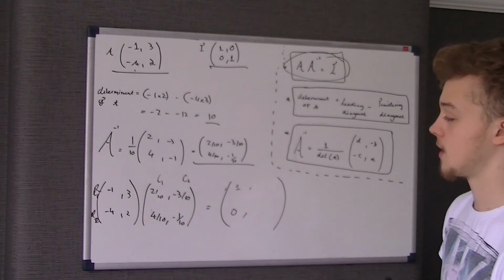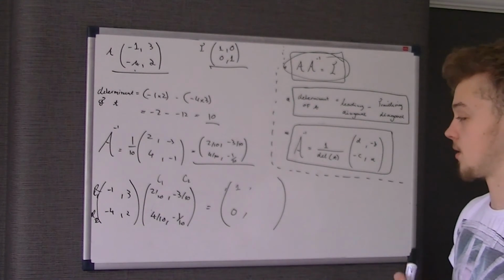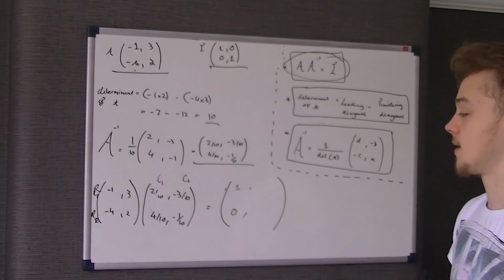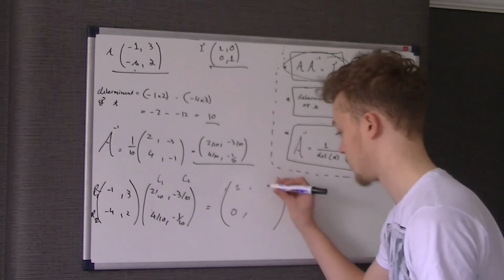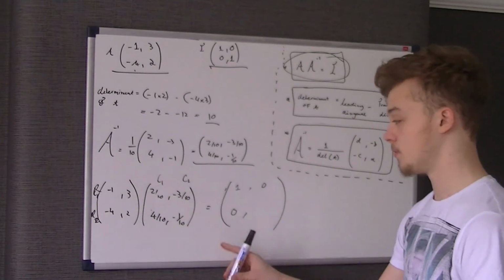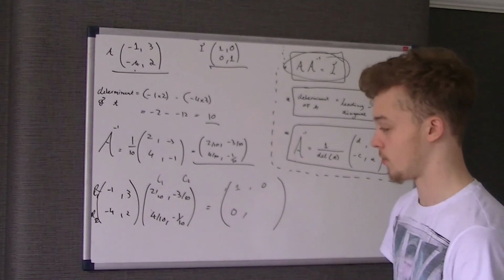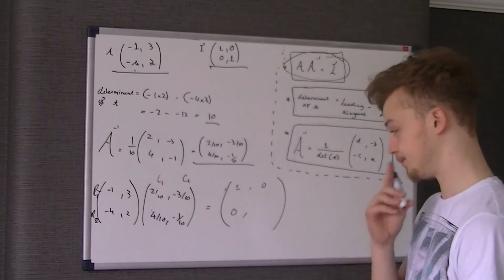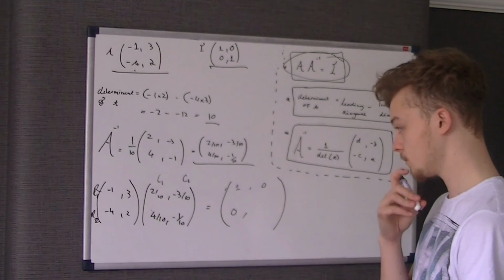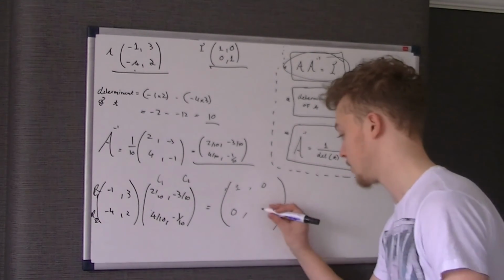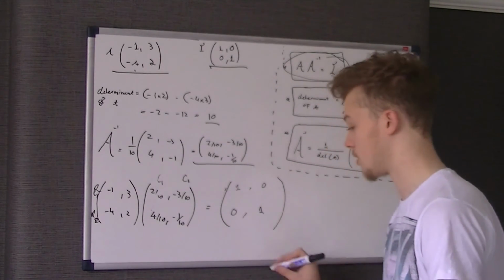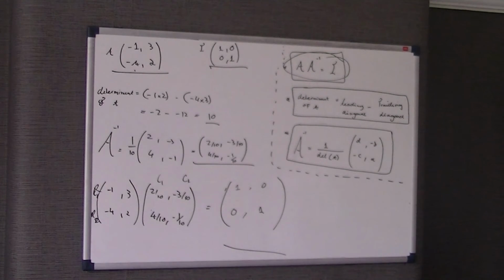So it's negative 3/10 times -1 plus 3 times -1/10, which is 3/10 take away 3/10, which is 0. And then column 2 times row 2, so negative 3/10 times 4, plus negative 1/10 times 2, which is 10/10, in other words 1. So therefore that proves it's equal to the identity matrix.